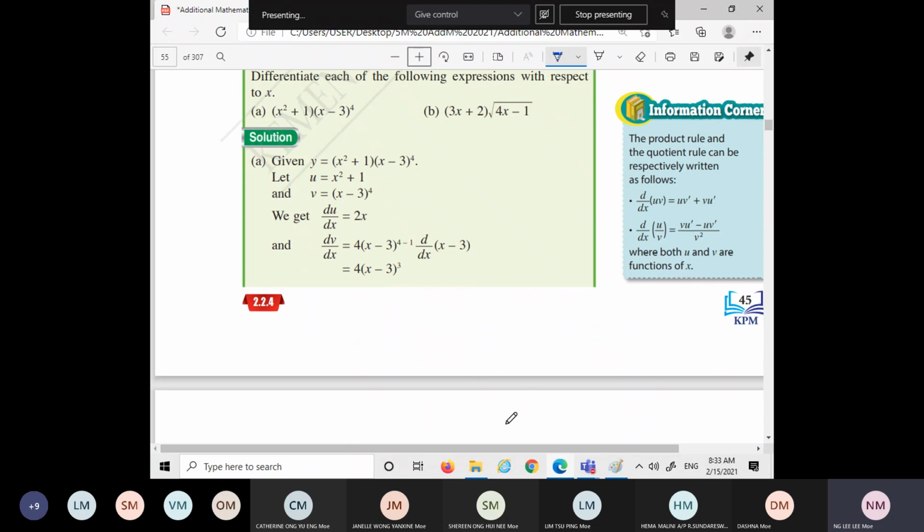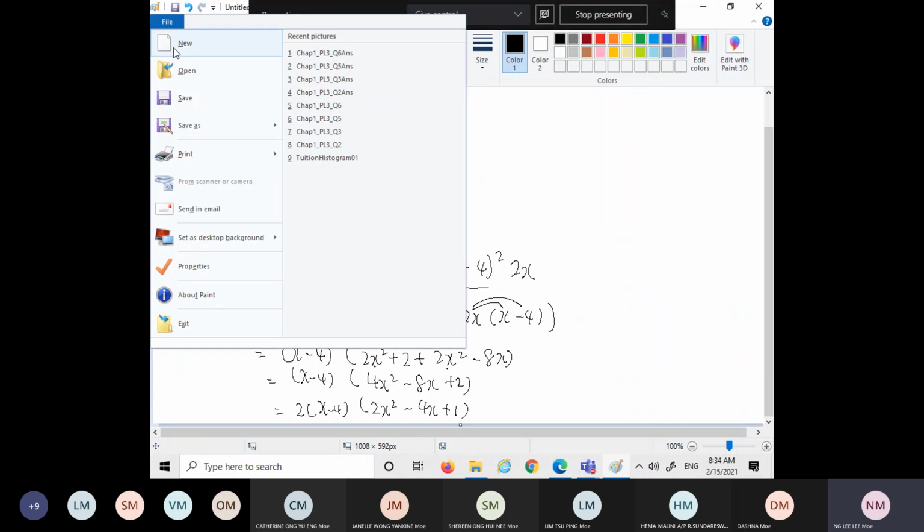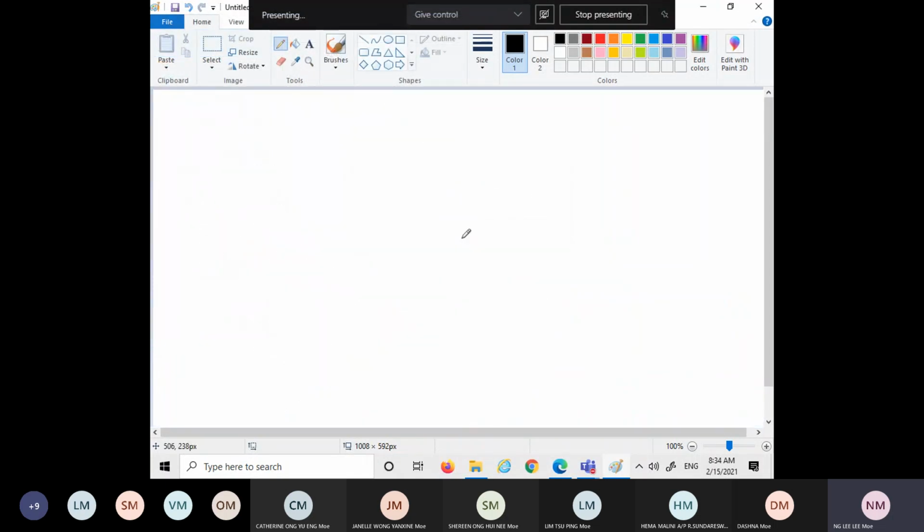I think here got no space for me to write, so I'm going to copy the same thing. I use this page. You can see your textbook. Next I'm going to do example 8A.